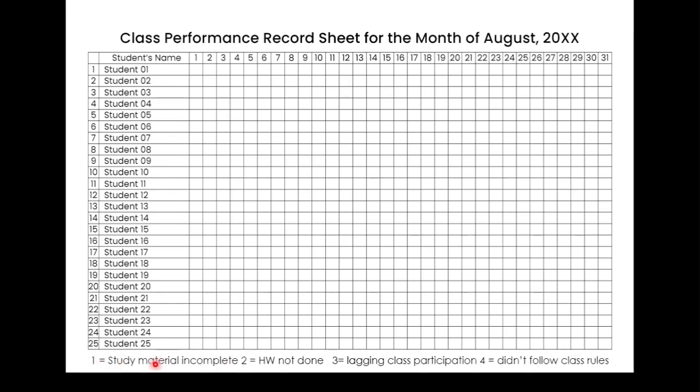For example, if a student isn't bringing his study material, or his study material is incomplete, you can write 1 in that specific date. And if the homework is not complete, you can enter 2 there, and so on. You can even add your own numbers and your own rules, whatever you need, to keep a record and track on a daily and monthly basis.